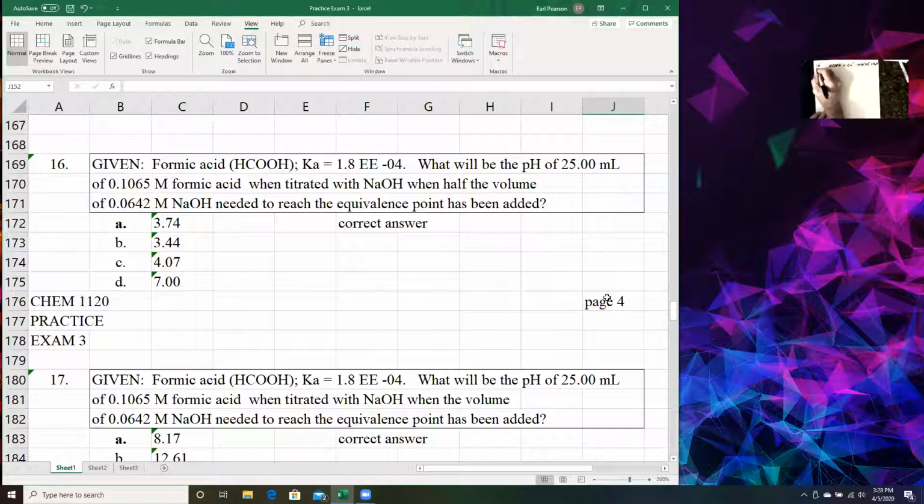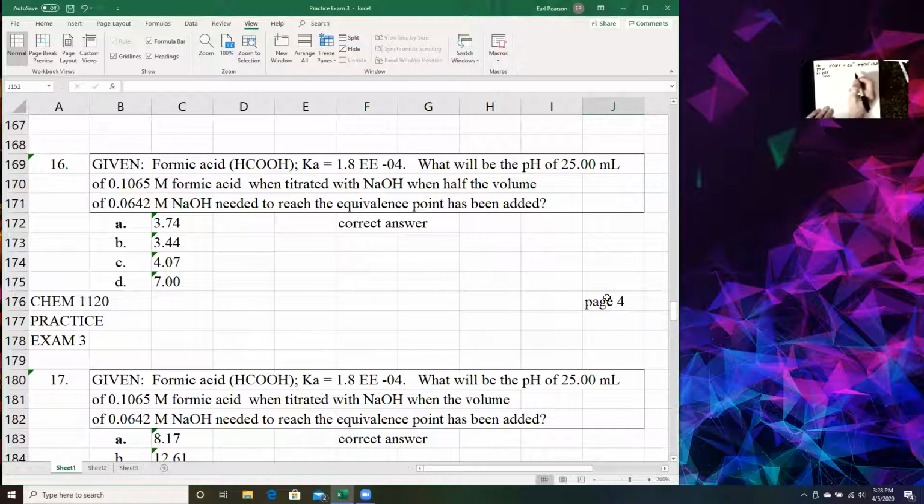And I want the pH at V equals 1/2 equivalence point volume.